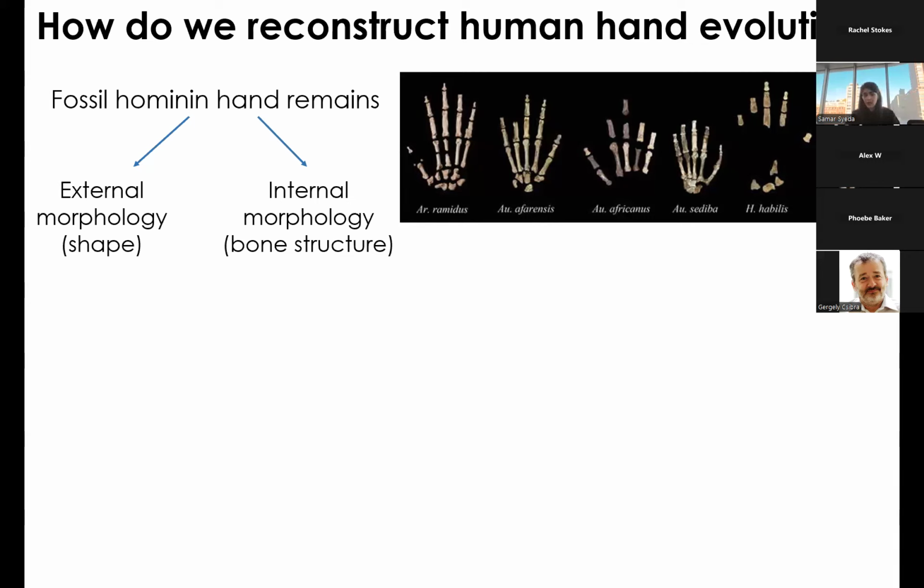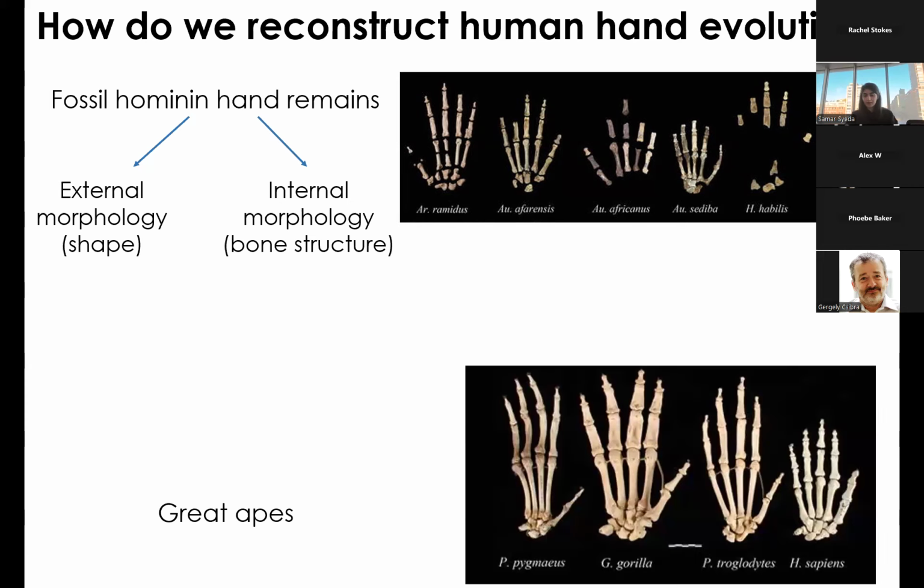In order to understand what the shape and the bone structure of fossil hominins actually means and what the behavioral implications could be, we then look at great apes as a comparative sample, because they're our closest living relatives, and we actually know a lot about their morphology and how it relates to their behavior.